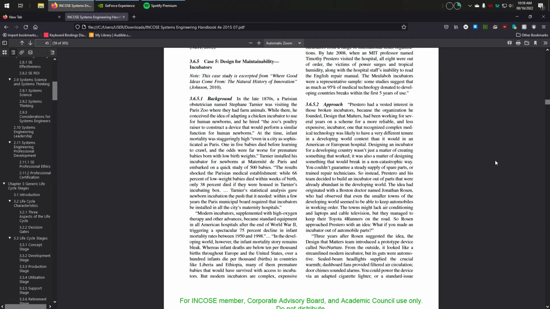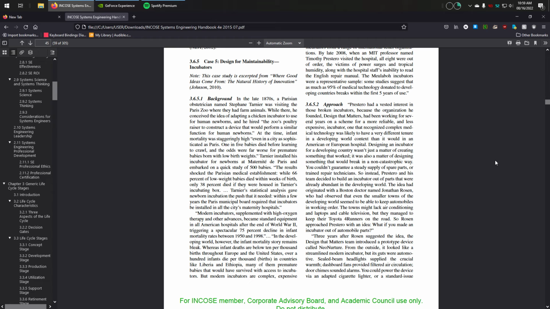Designing an incubator for a developing country wasn't just a matter of creating something that worked, it was also a matter of creating something that would break in a non-catastrophic way. You couldn't guarantee a steady supply of spare parts or trained repair technicians, so instead, Prestero and his team decided to build an incubator out of parts that were already abundant in the developing world.